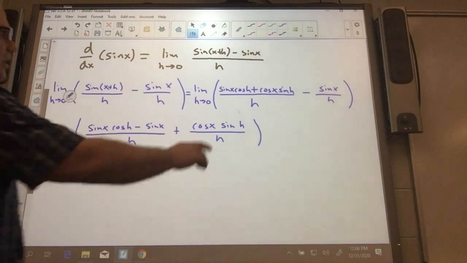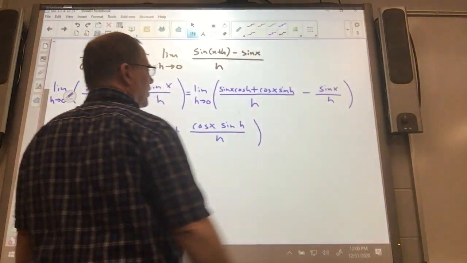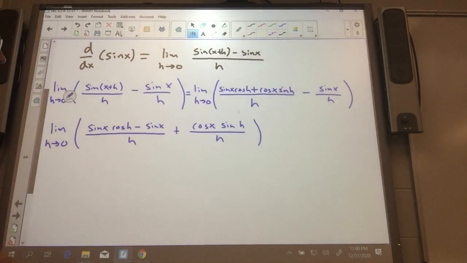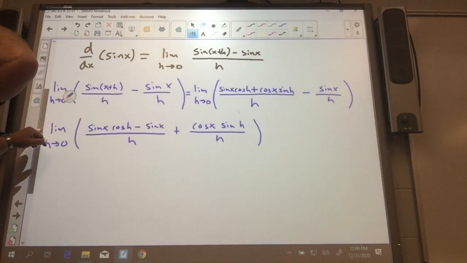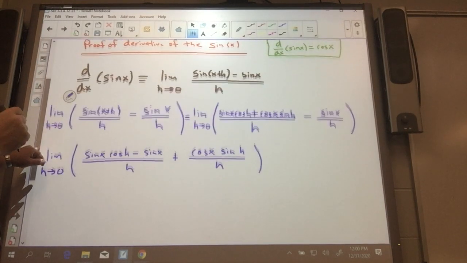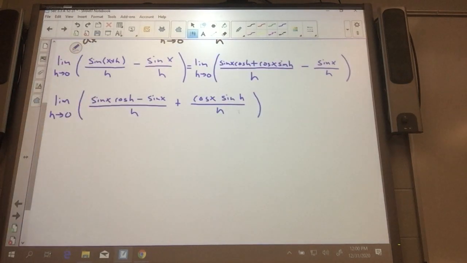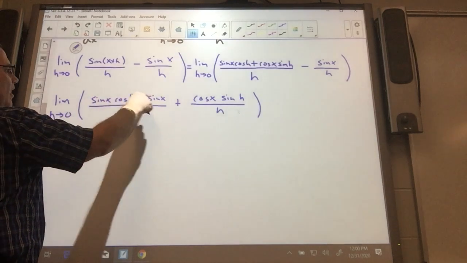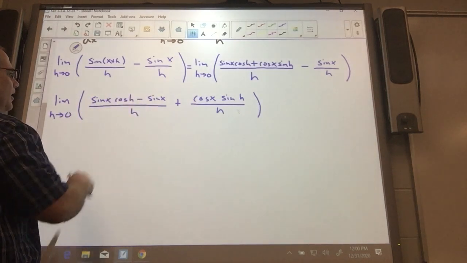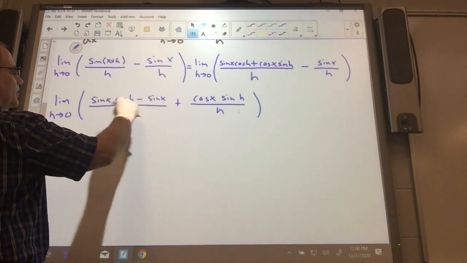So just basically switching the order around, a little commutative property, essentially, right? To show all that, I'd have to do about 4 steps, but I think you can see where it's coming from there, okay? The reason I wanted to do this is because now I have a common factor in this numerator of the sine of x.